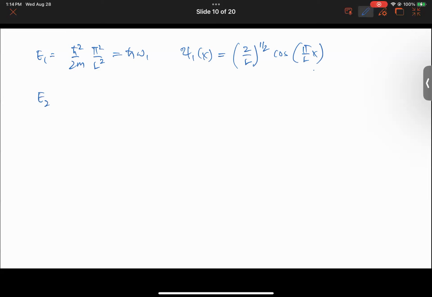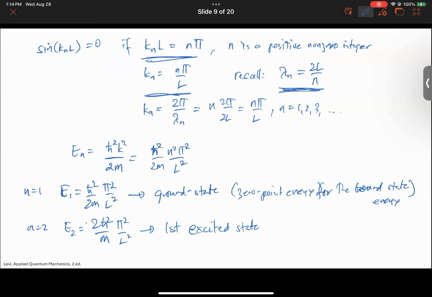E2 is equal to 4 times E1, di ba kasi n squared, right? So this will be n squared h bar squared over 2m pi squared over L squared. So n squared E1.